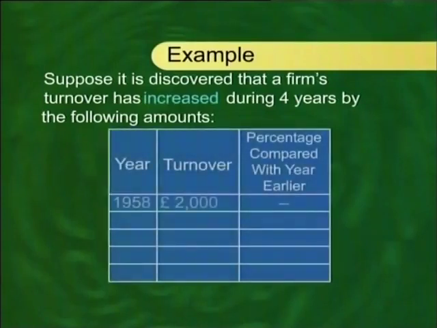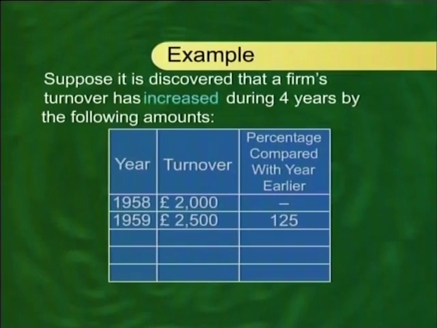In 1958, it was £2,000, whereas in 1959, it became 2,500, so that the percentage compared with the earlier year is 125. दूसरे लफ्जों में 1959 का जो टर्नओवर है, that is 125% of the turnover of 1958.